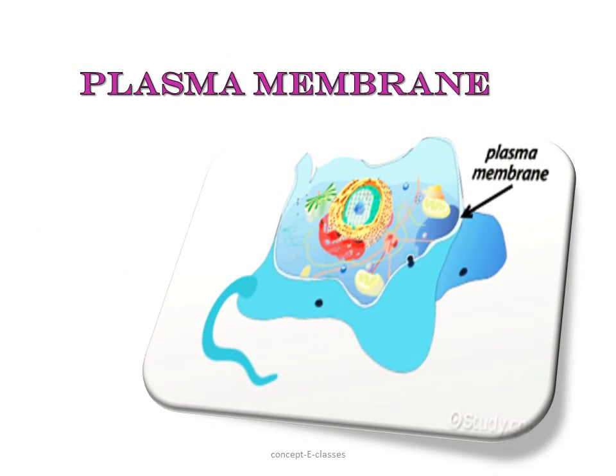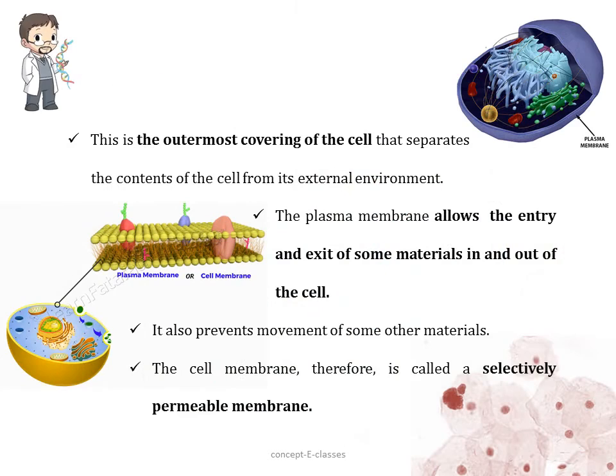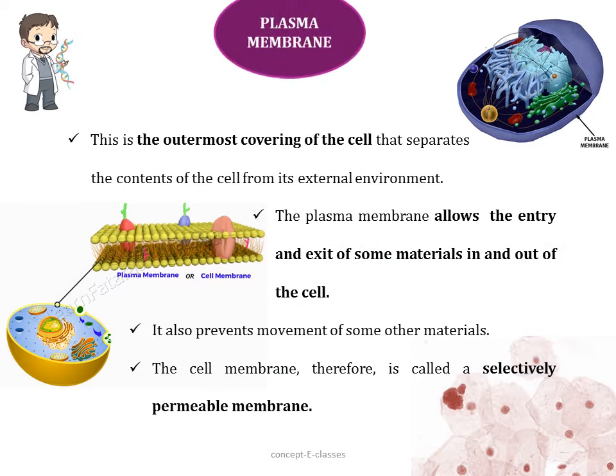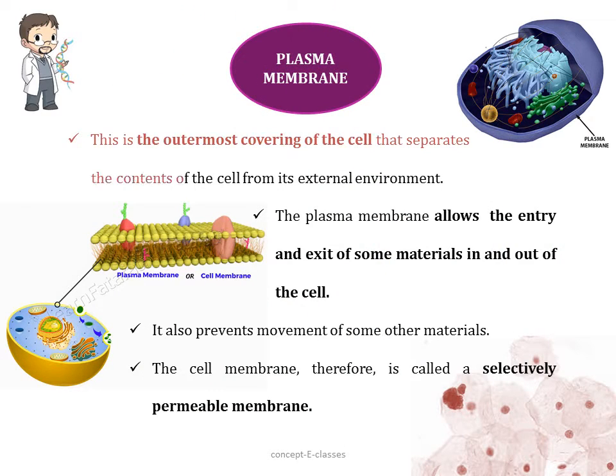So first let's see about the plasma membrane. The plasma membrane is the outermost covering of the cell that separates the contents of the cell from its external environment. The plasma membrane permits the entry and exit of some materials in and out of the cell. The plasma membrane is also called a cell membrane.